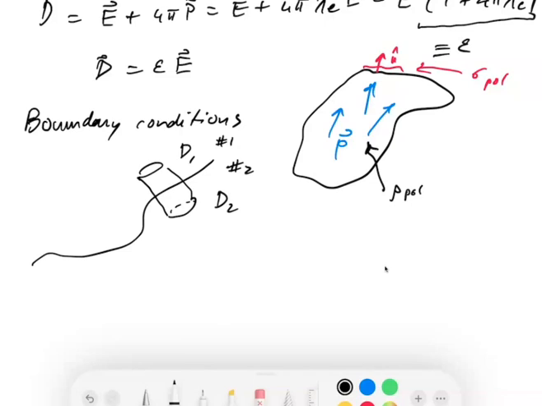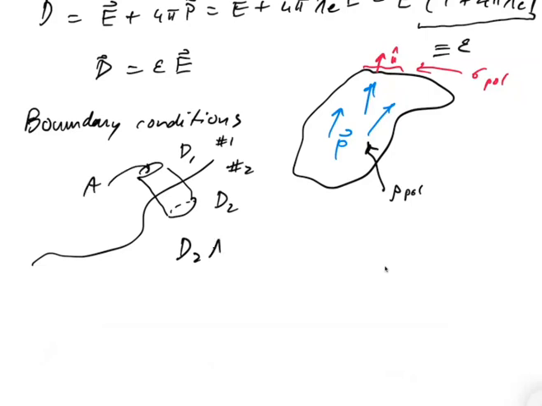That boundary condition you can now write using Maxwell's equations as D2 times the surface area minus D1 times the surface area is 4 pi Q free, where Q is just the Q that sits here, Q free. And that's how you do boundary value problems.